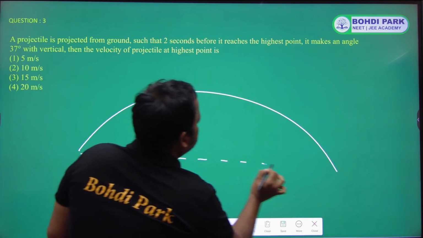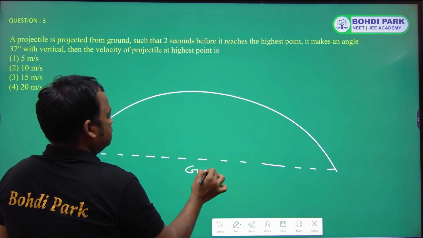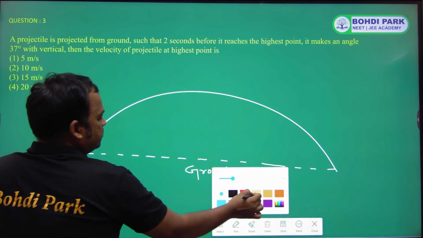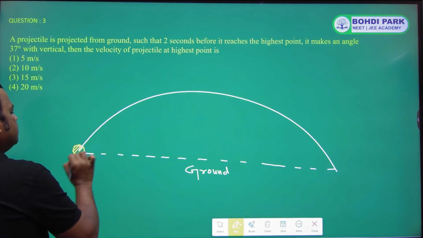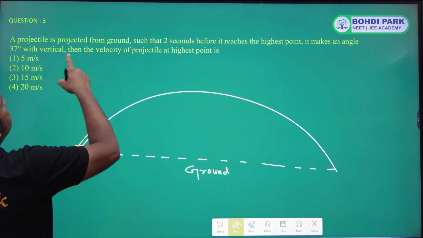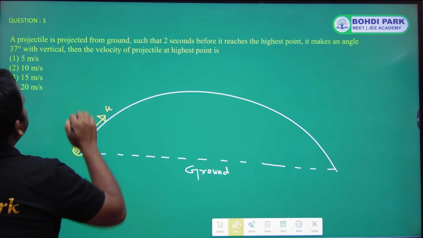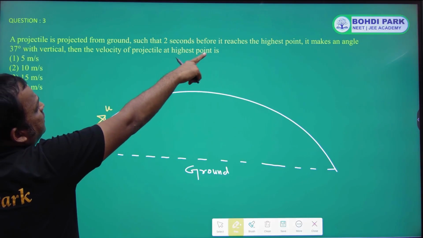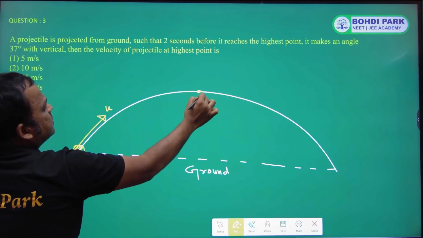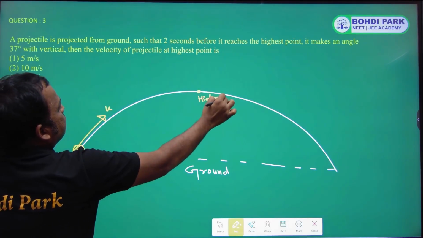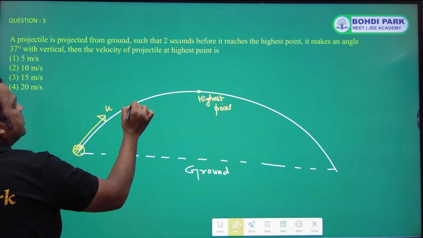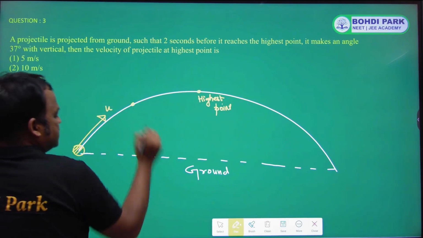So this is the ground level. Now projectile is fired from the ground with initial velocity, suppose u. Projectile is fired from the ground 2 seconds before it reaches the highest point. Now this is the highest point. So before reaching the highest point, somewhere here, this is the final velocity.